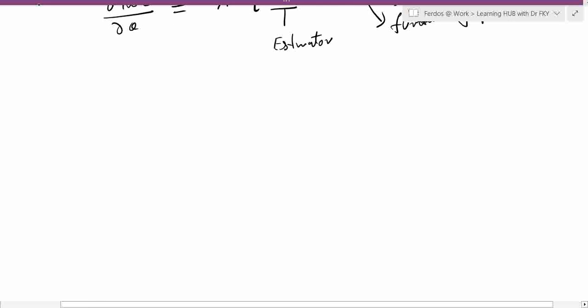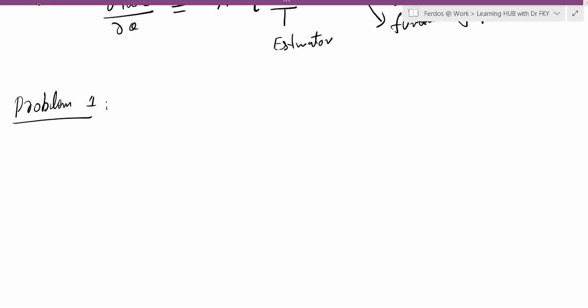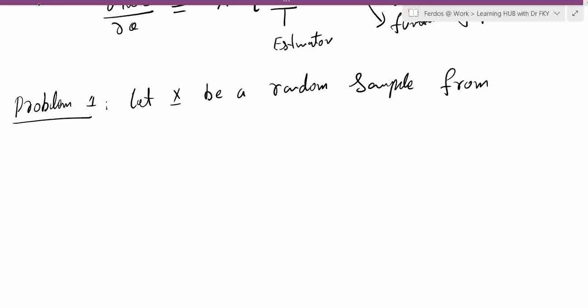Problem 1. Let X be a random sample from the following probability distribution.